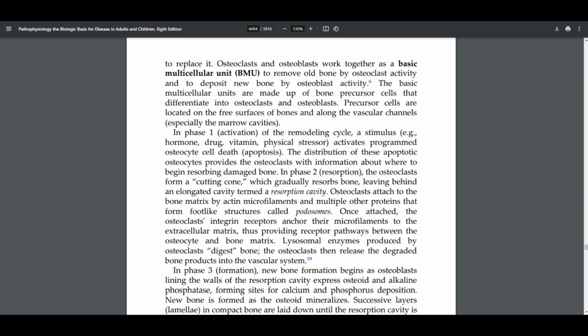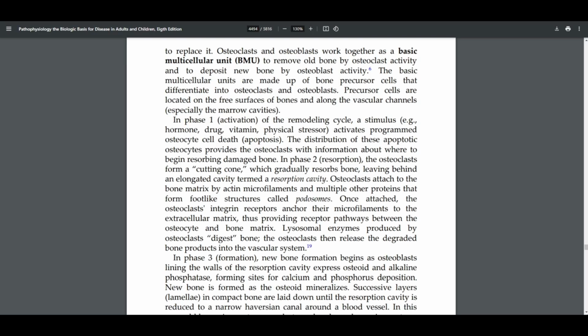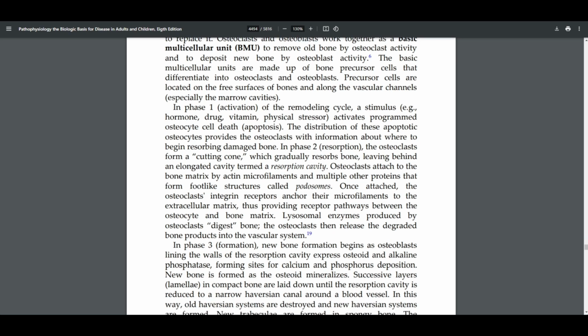Osteoclasts and osteoblasts work together as a basic multicellular unit to remove old bone by osteoclast activity and to deposit new bone by osteoblast activity. The basic multicellular units are made up of bone precursor cells that differentiate into osteoclasts and osteoblasts. Precursor cells are located on the free surface of bones and along the vascular channels.